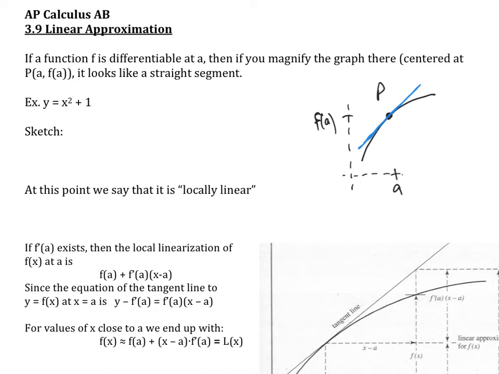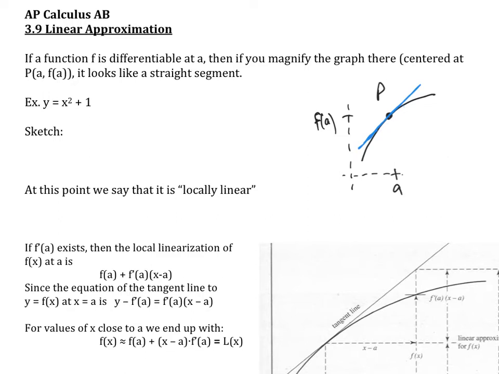If I magnify it so much that this curve right here is pretty much straight at that point, or close to being straight, I can find anything along this tangent line. So I can find values that are really close to point P just by using the tangent line. Again, let me explain that to you.